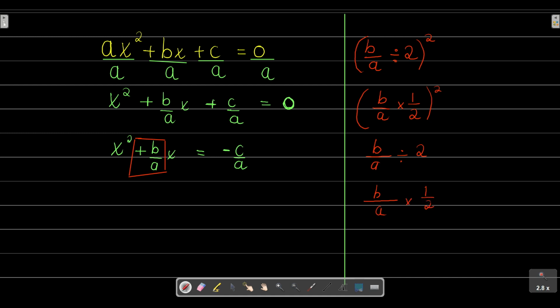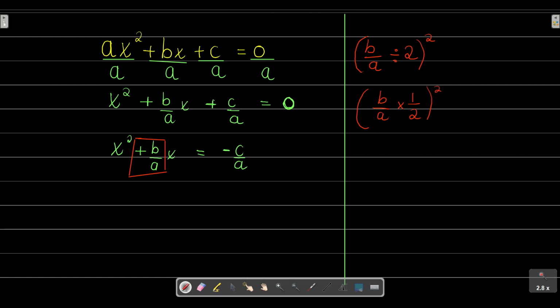That's basically the same thing. So from here, that's basically the term that we are going to add to the right hand side and add to the left hand side. Now let's simplify this further.